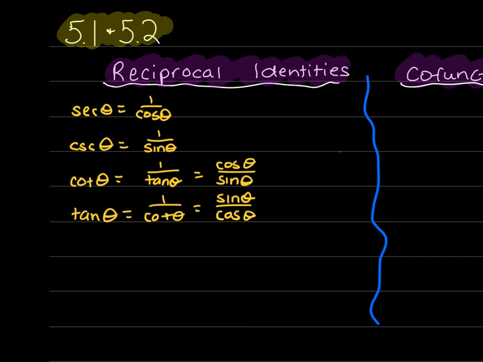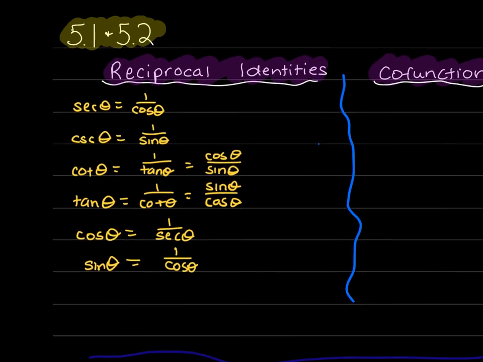If you need to work in the reverse, cosine is 1 over secant, and sine is 1 over cosecant. However you need to work those through, make sure you are able to replace those.